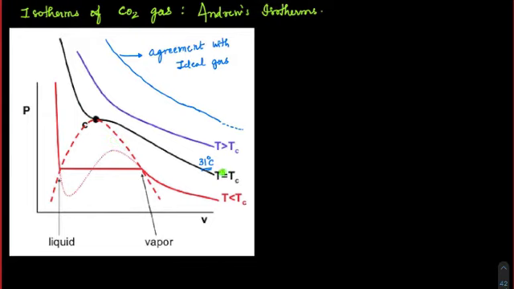Somewhere there is a problem coming in between, so it is violating the ideal gas behavior from here. So this is that particular temperature where it started changing its behavior from ideal gas behavior towards the real gas behavior. Which means at around 31 degrees centigrade for carbon dioxide, it started showing its real gas behavior.